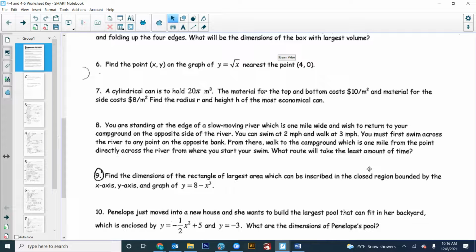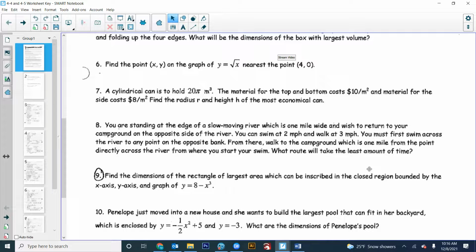So there's only one vertex touching that curve. Here's the curve. The top right vertex is touching the curve. That determines your height. But the left edge, it's not like the other inscribed problem we did where they're both touching the curve. The left edge can't go past that y-axis. So it's just following the rule of this right one.